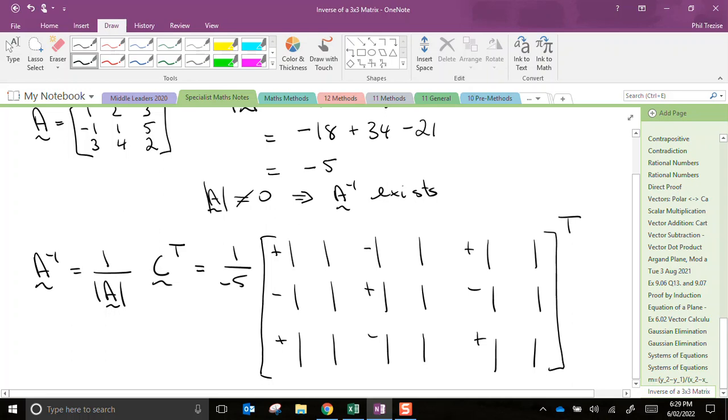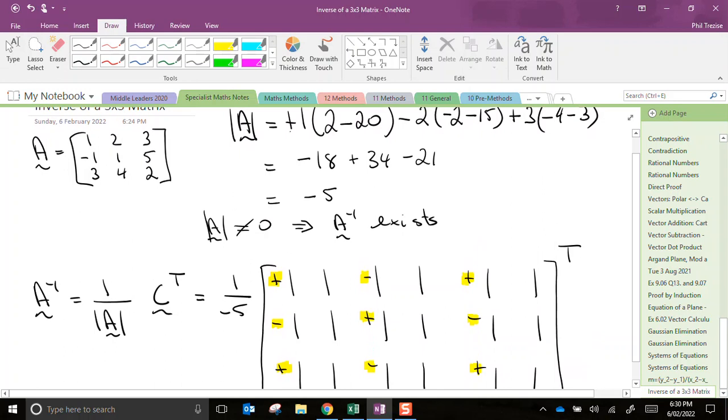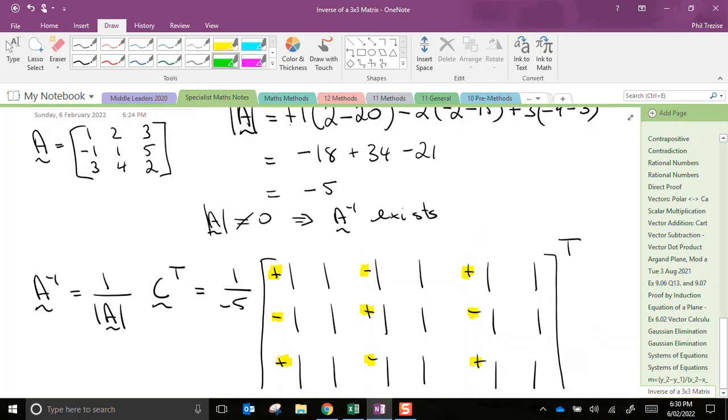So the cofactor matrix has alternating positives and negatives. It's like a checkerboard pattern. And then each of these little parallel lines, that's a matrix of minors. Now across the first row it's going to be the same as we did last time. You see the first element up here, we isolate the row and the column belonging to that element, and it's literally the determinant of the 2 by 2 matrix 1, 5, 4, 2.